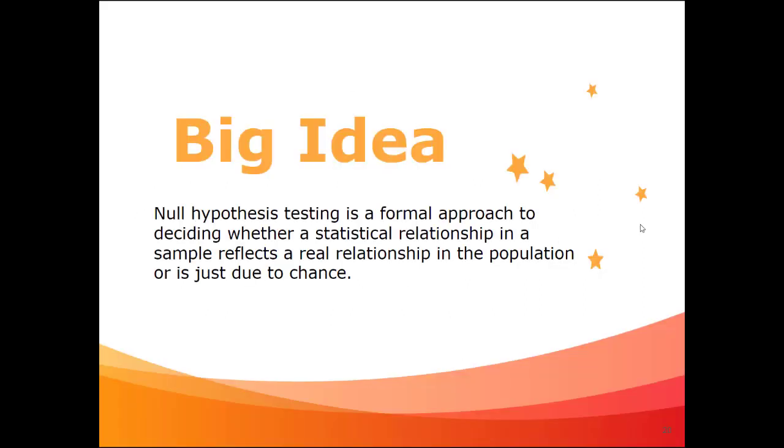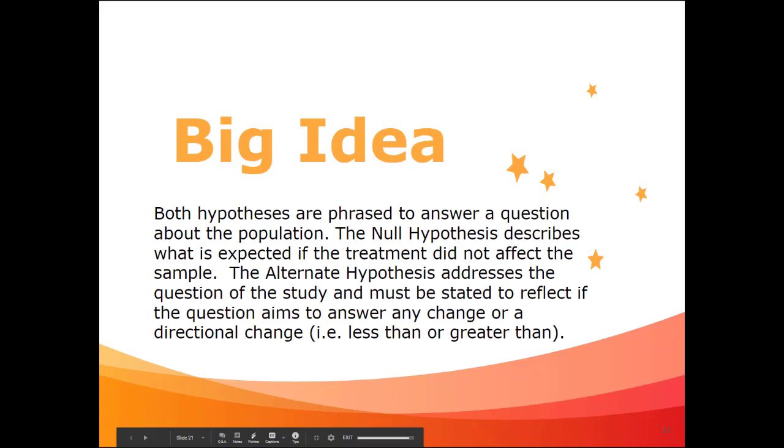So what's the big idea? Null hypothesis testing is a formal approach to decide whether a statistical relationship in a sample reflects a real relationship in the population or if it's just due to random chance. The next big idea is that both hypotheses are phrased to answer a question about the population parameter.